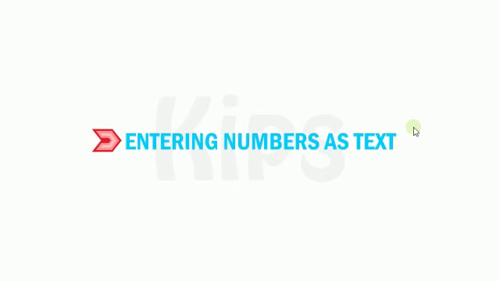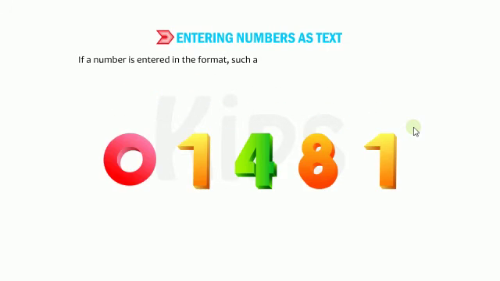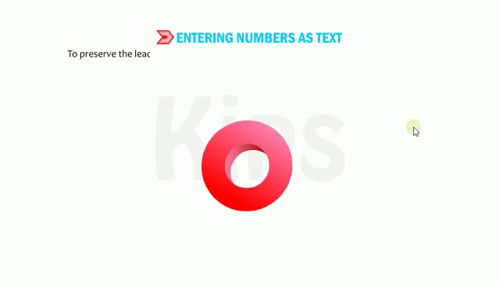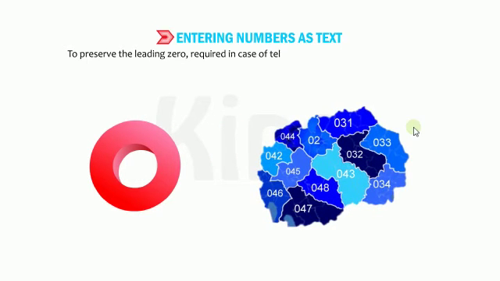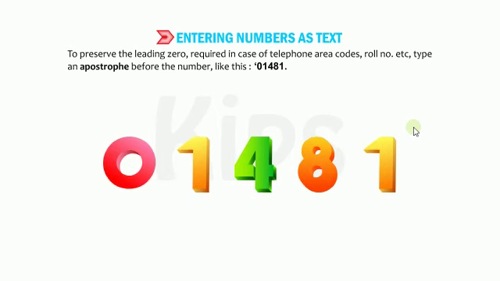Alright, now we will talk about entering number as text. If a number is entered in the format such as 01481, Excel will drop the leading 0. To preserve the leading 0, required in case of telephone area codes, roll number, etc., type an apostrophe before the number, like this, '01481.